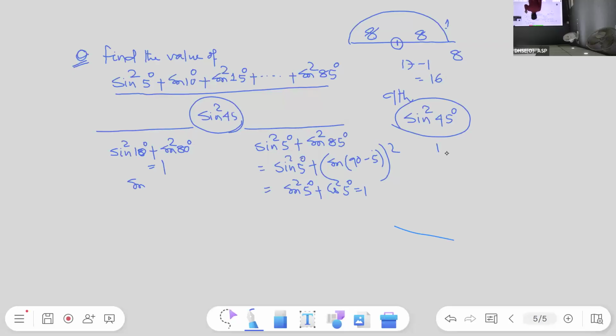Sin 45 is 1 by root 2 and its square is 1 by 2. So the total value is 8 plus 1 by 2, which is 17 by 2.